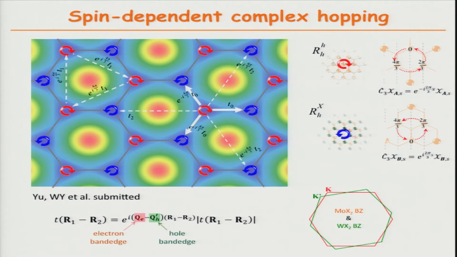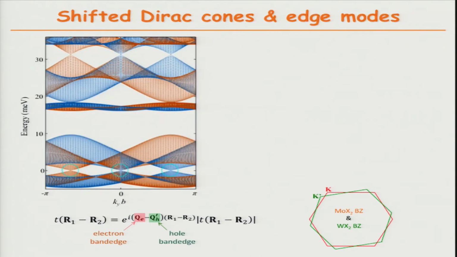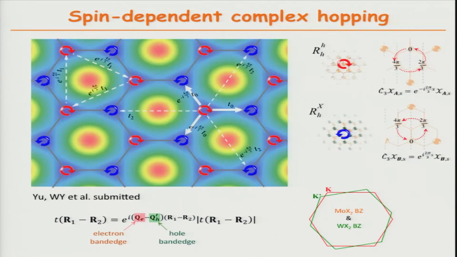In the Moiré pattern, because of the twisting or lattice mismatch, the electron layer and the hole layer band edges are at the corner. Then this twisting or lattice mismatch would shift the electron band edge away from the hole band edge. And it is this separation that determines how the phase pattern changes when the exciton hops in such a lattice. And the time reversal symmetry is still there.